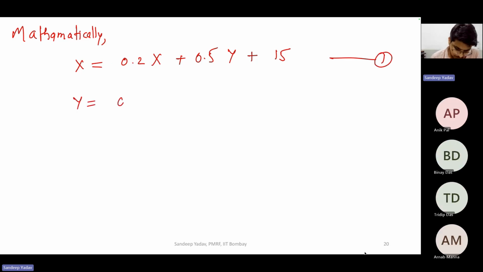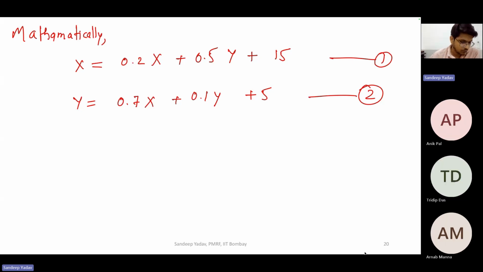In a similar manner we can write Y equals 0.7 X plus 0.1 Y plus 5. This is equation number 2. Equation 1 says total steel is produced by using steel and automobiles, and a part of production goes to exports. Similarly, equation 2 says total automobile is produced by using steel and automobiles, and a part goes to exports. The export may be considered as the final vector.